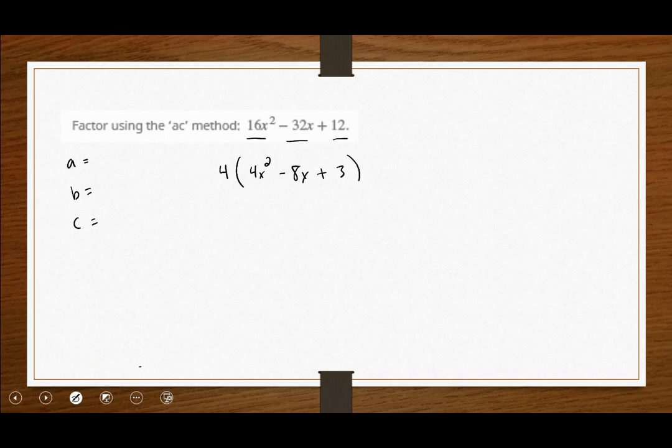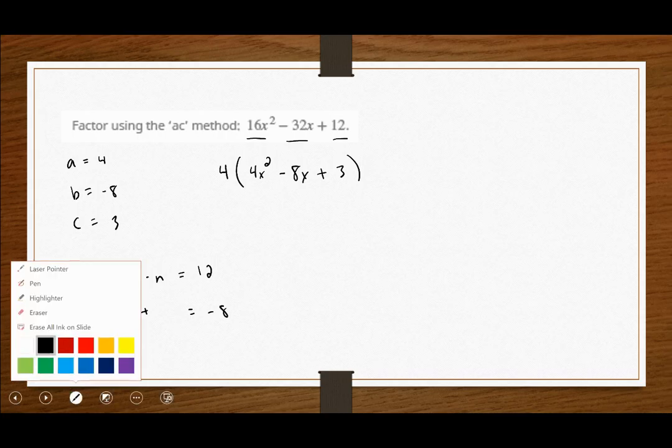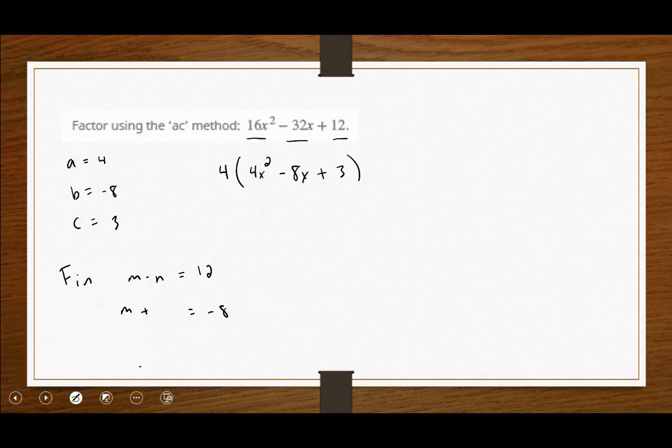We get as our coefficients positive 4, negative 8, and positive 3. So now we're looking for factors that multiply together to give me 12 and add together to give me negative 8. And so the question here changes in difficulty just due to the fact that I don't have quite as large values to worry about.